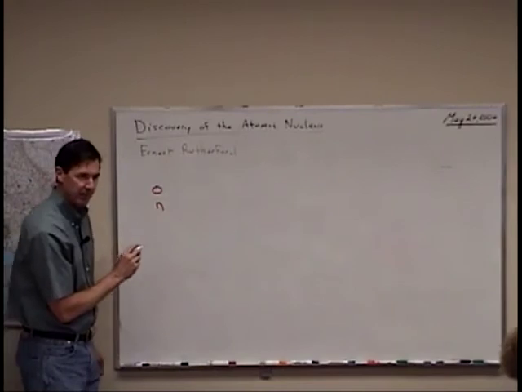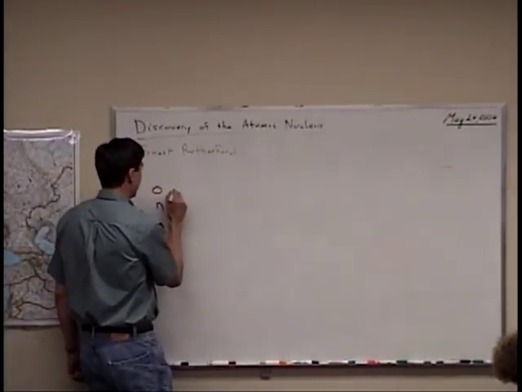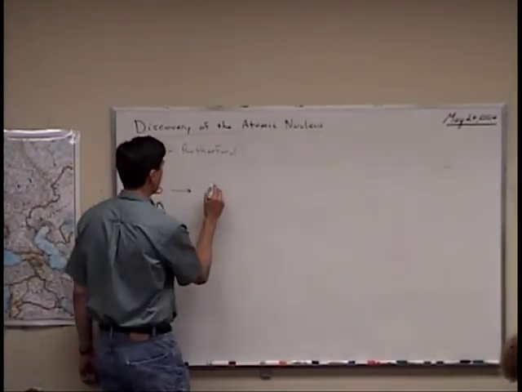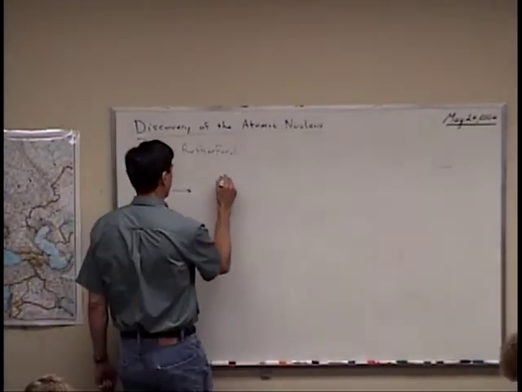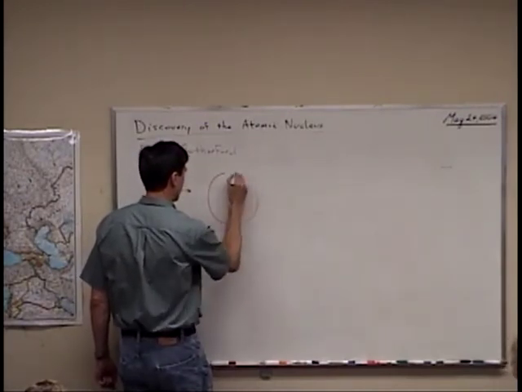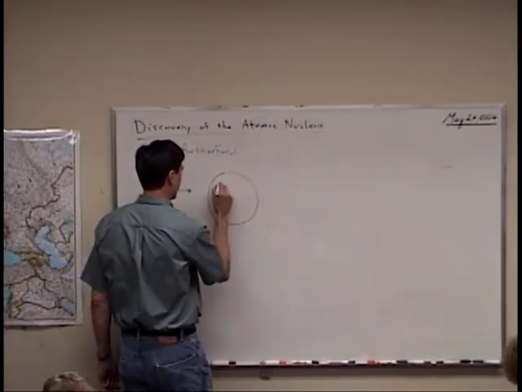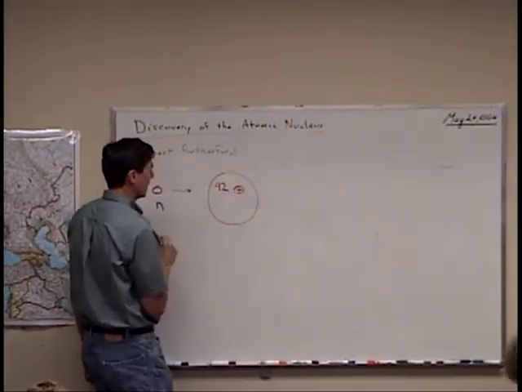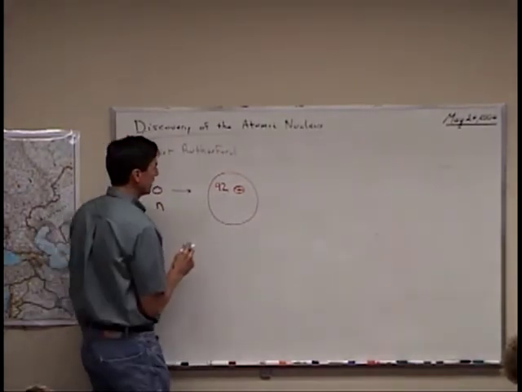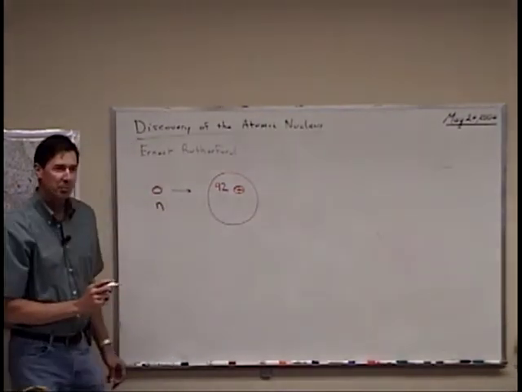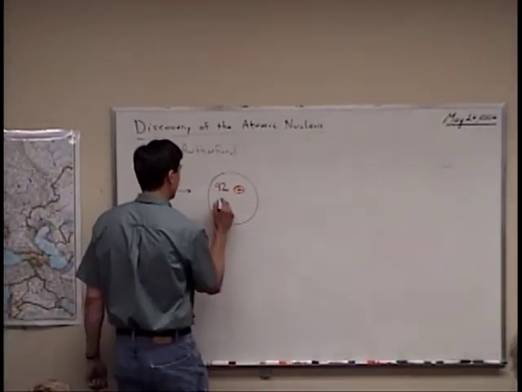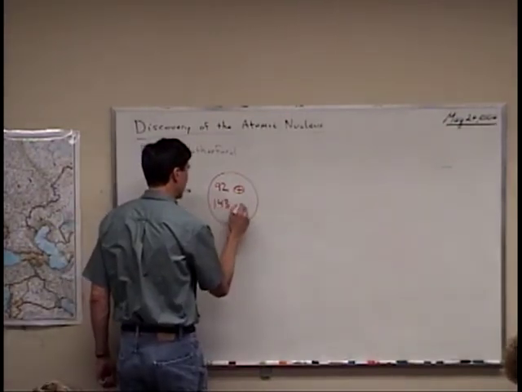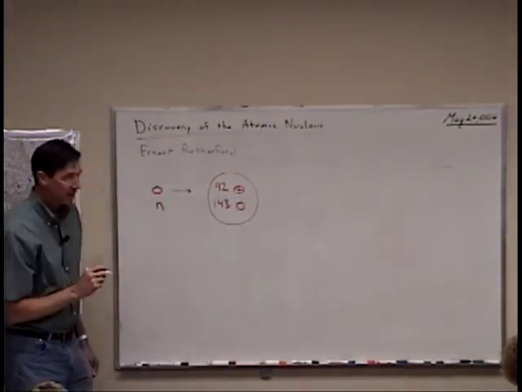I'm going to call it N. And you find a way to fire that into a uranium nucleus. So the uranium nucleus has 92 protons. I'm going to just write a plus in there because it's a proton. And this 143 neutrons.